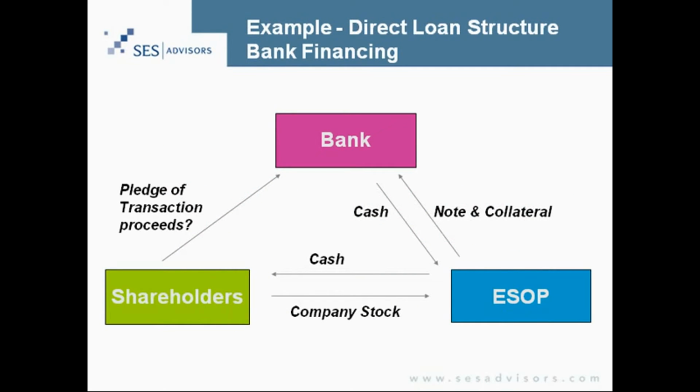And then there may be a pledge of transaction proceeds. Often the bank will need more security, more collateral than the company stock and the company assets, so it's not that uncommon for shareholders to pledge a portion or even all of their proceeds to the bank to finance the ESOP transaction.